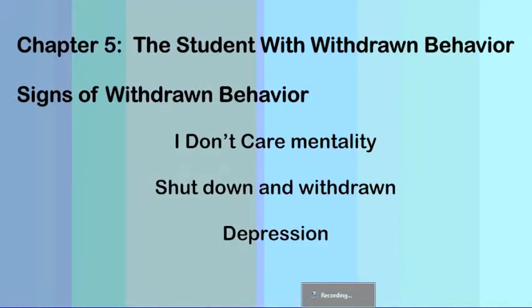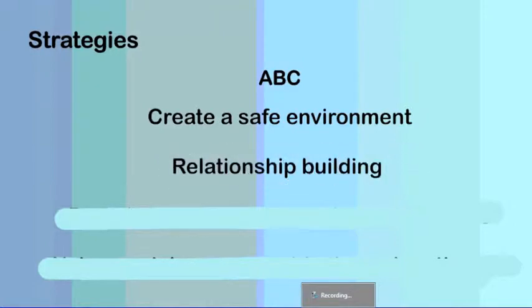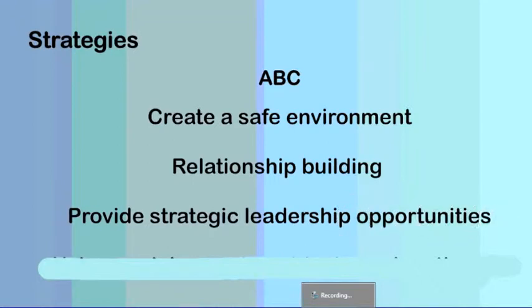The strategies for dealing with these students include starting with the ABC plan, providing a safe environment for the student, building relationships with that student, looking for special activities that they could join you in, providing strategic leadership opportunities to build self-esteem. This could be a class job or helping a struggling student in a lower grade.